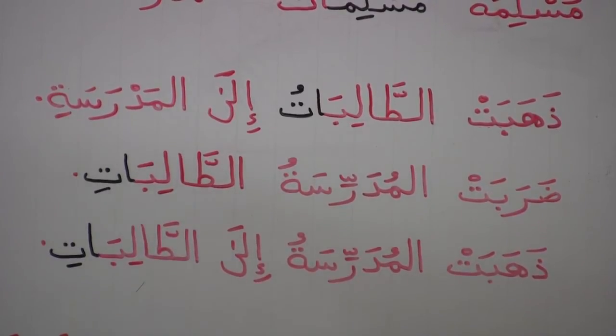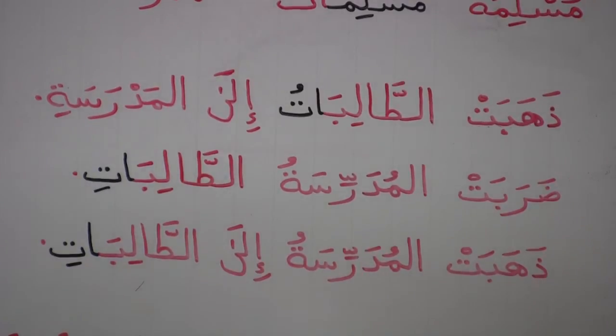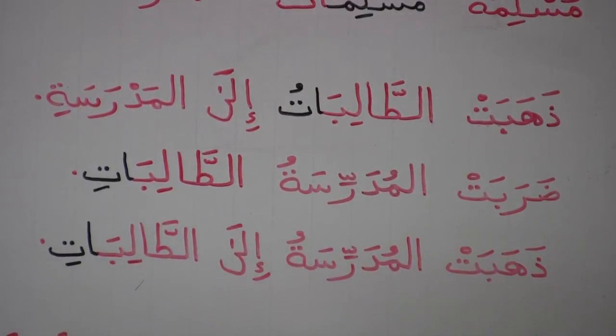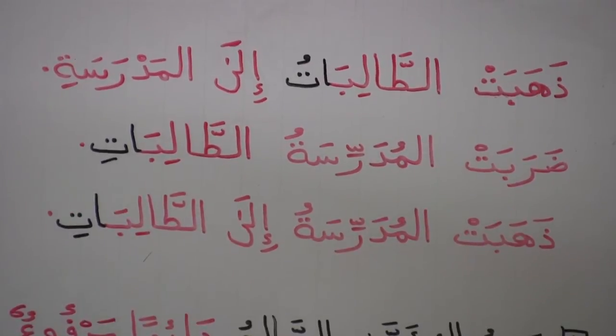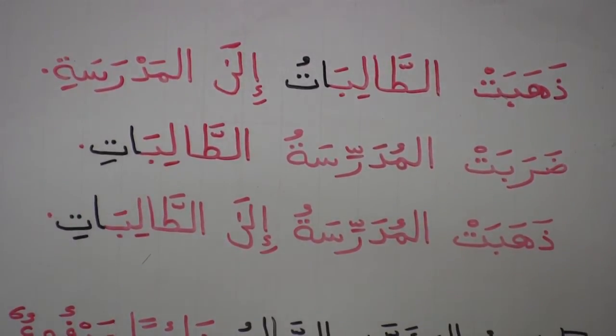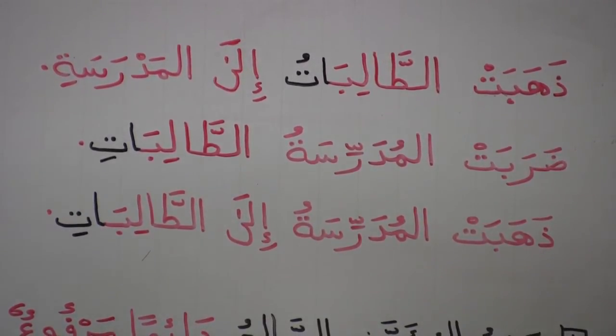ذهبت المدرسة إلى الطالبات. The female teacher went to the students. الطالبات is an ismun majroor and it's majroor with a kasrah. So this rule is similar to singular, in that it is marfu with a dhamma and majroor with a kasra.